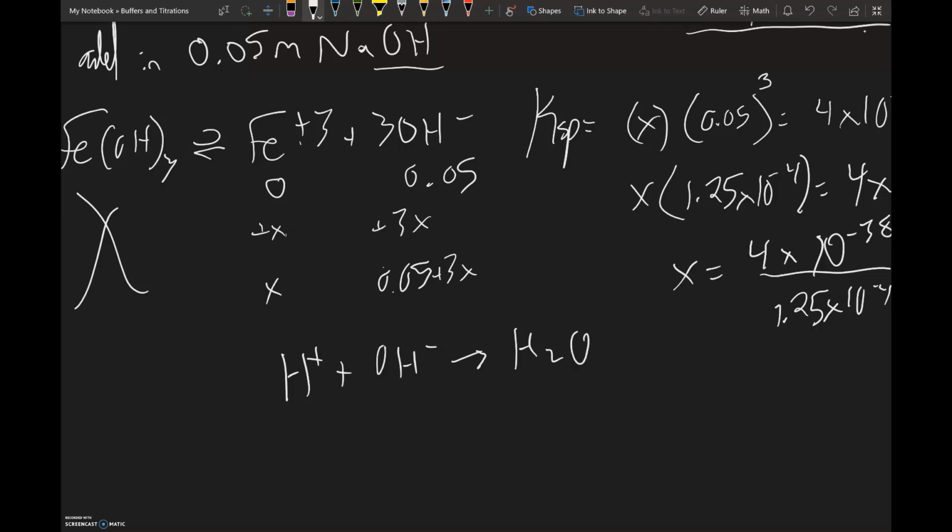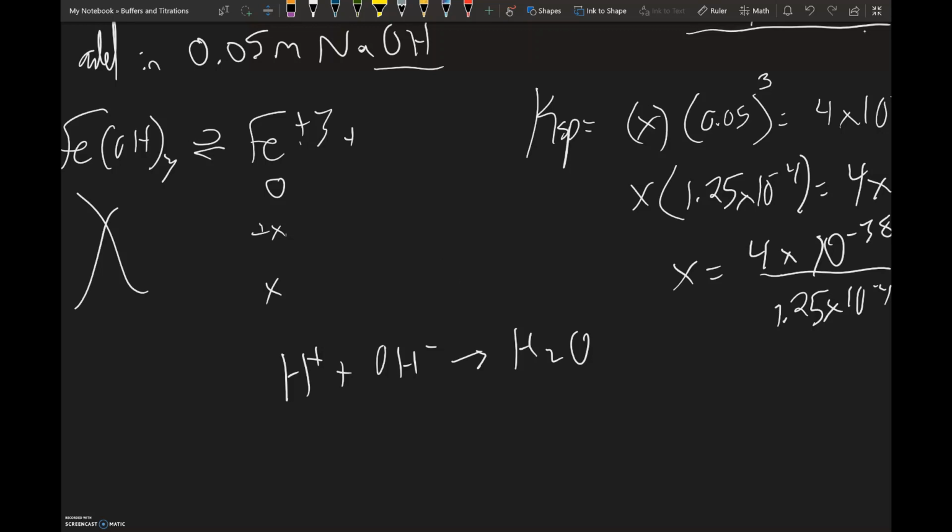Based off Le Chatelier's principle, if the HCl is added in, it reacts with the hydroxide, and so it actually reduces the concentration of hydroxide, so it leaves a hole in the equilibrium.